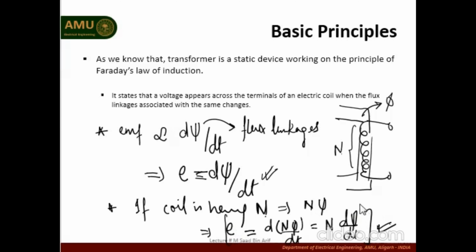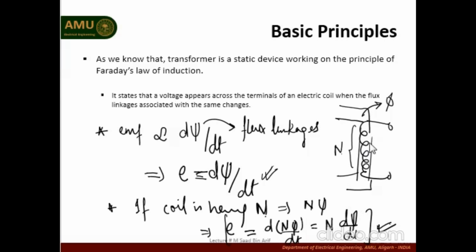So if we are somehow able to maintain the change in flux linkage, then we will easily get the induced EMF at the terminal of the other circuit. So this change in flux linkage can be obtained by various means.